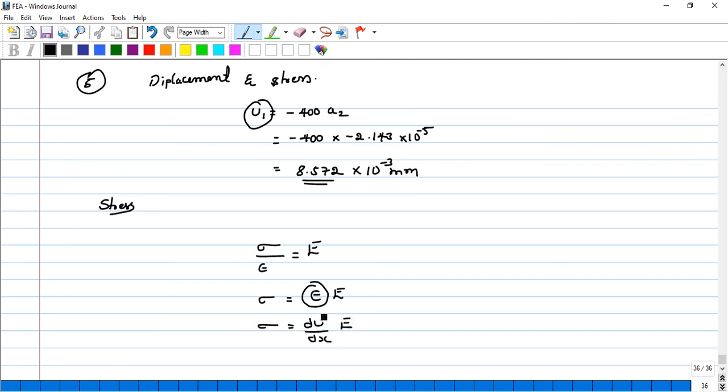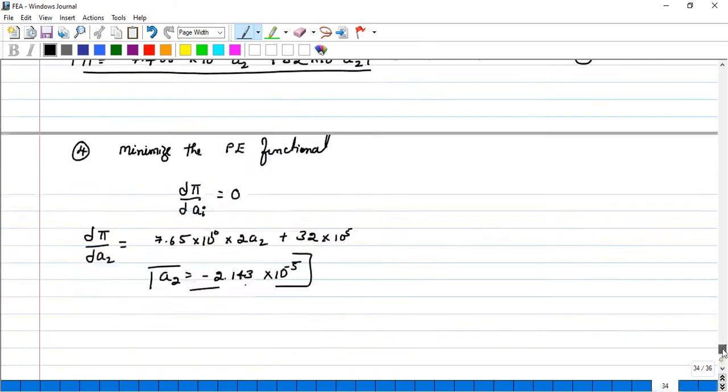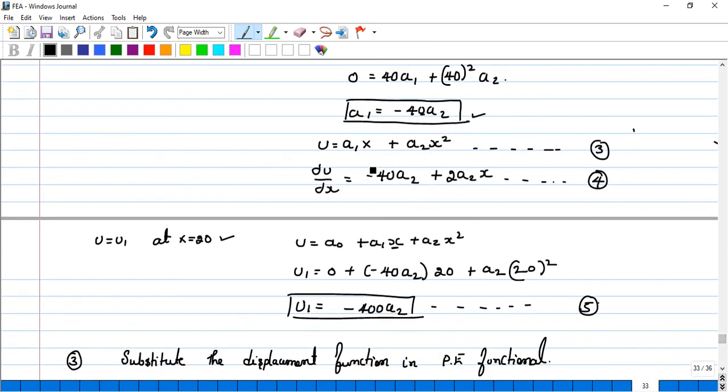So what is this dU by dX? If you remember, that is the fourth equation.